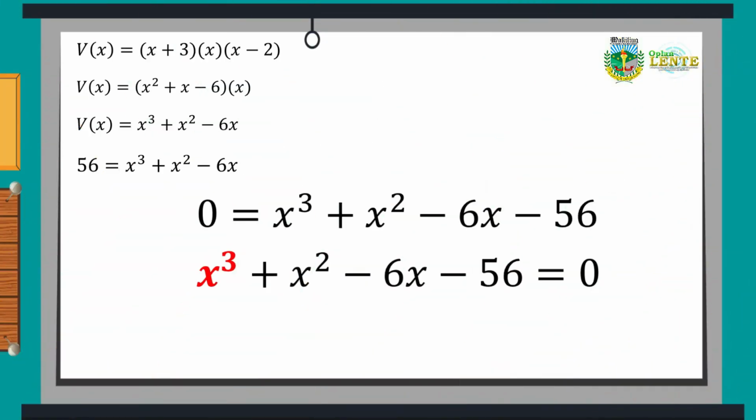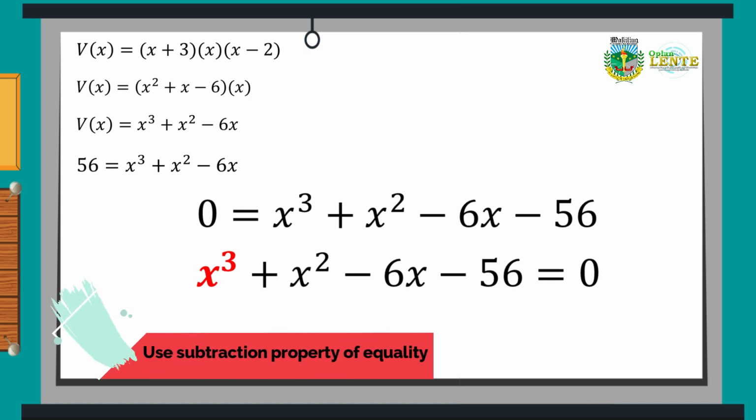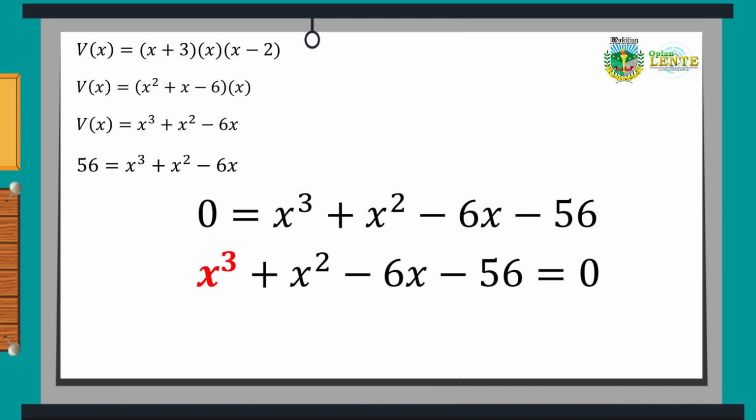To transform our equation into standard form, let us use the subtraction property of equality. Let us subtract 56 from both sides. And the result will be 0 is equal to x cubed plus x squared minus 6x minus 56.